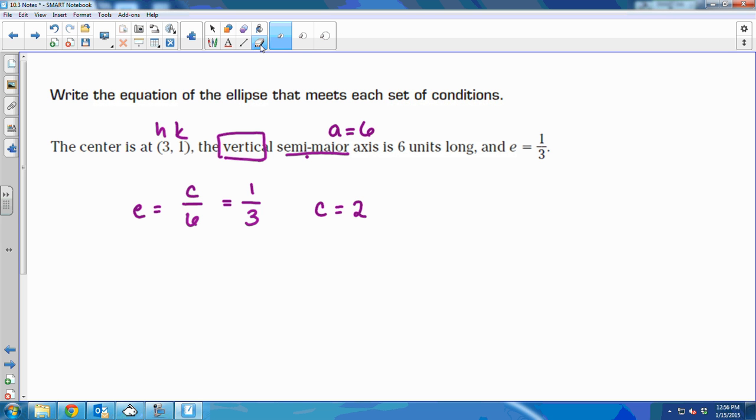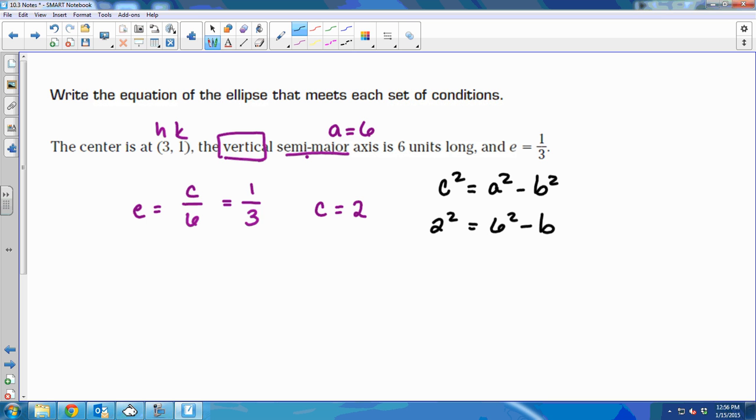So I know c, and I know a, so now I can go through and figure out b. So 4 equals 36 minus b squared.